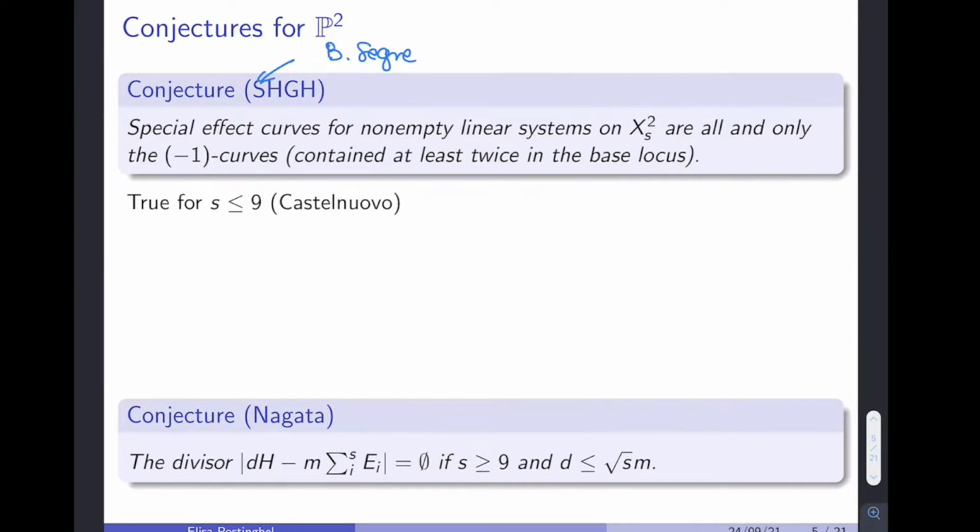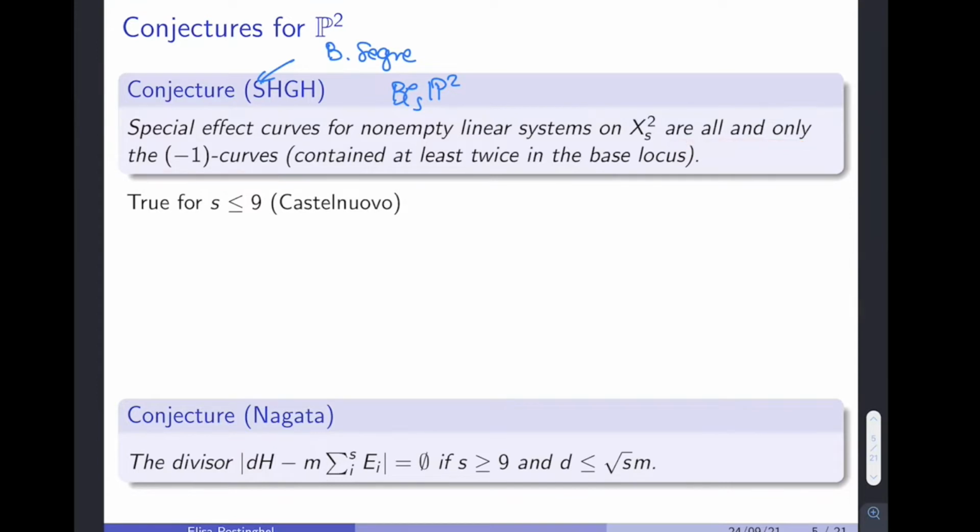And the conjecture is that special effect curves, so this is a conjecture for P2 blown up at points, special effect curves for non-empty linear systems, or for linear systems of effective divisors on the blow up, are all and only the -1 curves, whenever contained at least twice in the base locus.